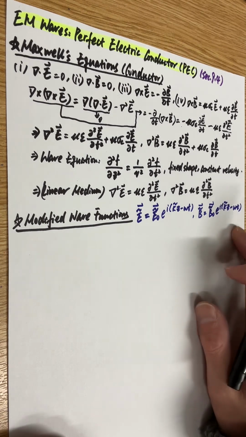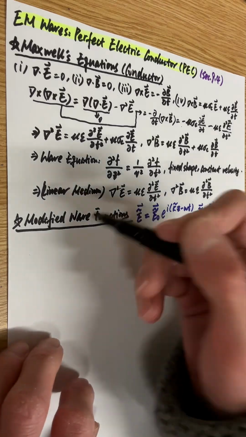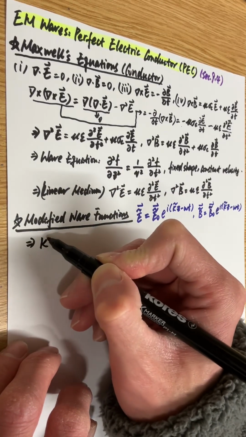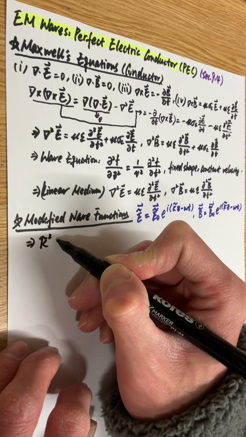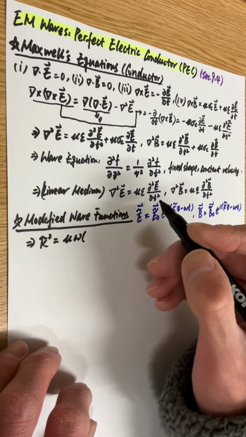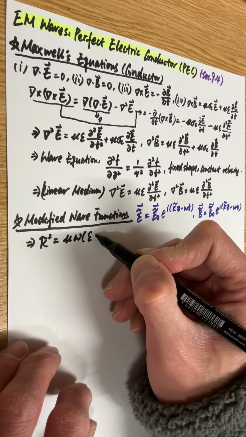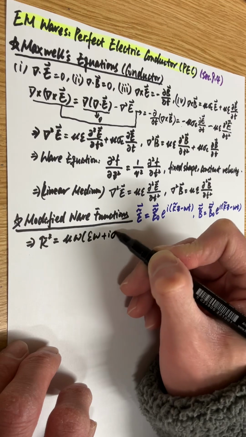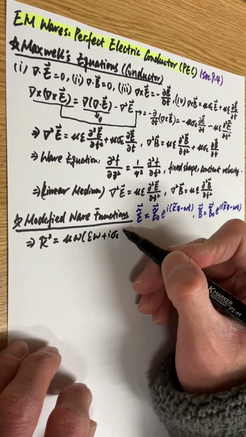So for these wave functions, we have complex kappa squared equal to mu omega multiplied by epsilon omega for the real part plus conductivity for the imaginary part.